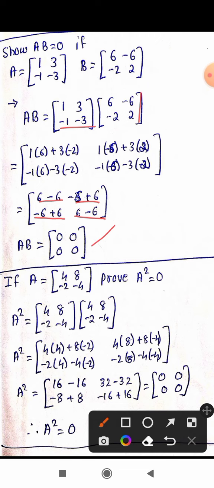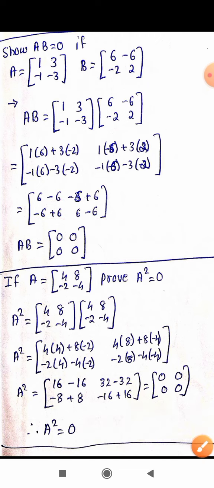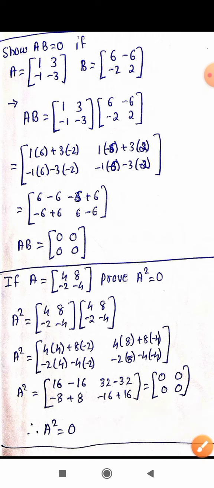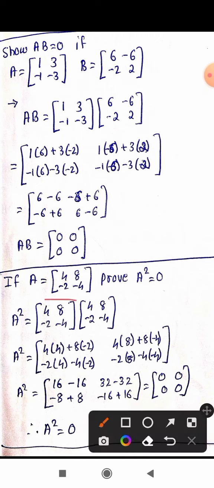Now in second we have to prove A square is equal to 0 where matrix A is given. Now again row into column, that is 4 into 4 plus 8 into minus 2. Again row into column, that is 4 into 8 plus 8 into minus 4.